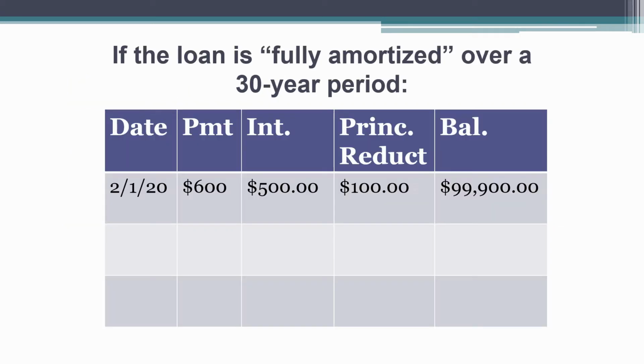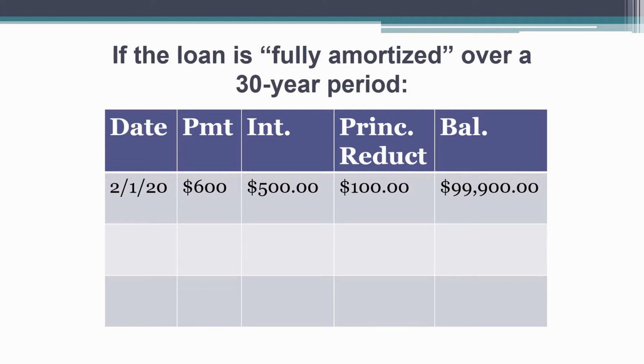At this point, we can build an amortization table. An amortization table shows each monthly payment, the amount of the payment, the amount that goes to interest, the amount that's used to reduce the principal, and the balance after the principal has been reduced. So what happens on the 1st of February in 2020?